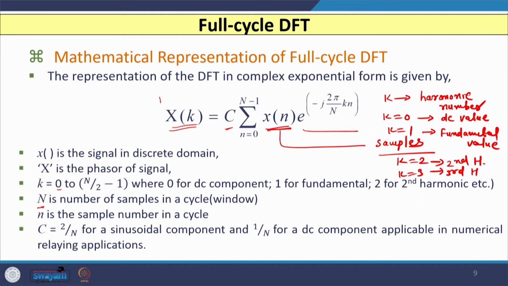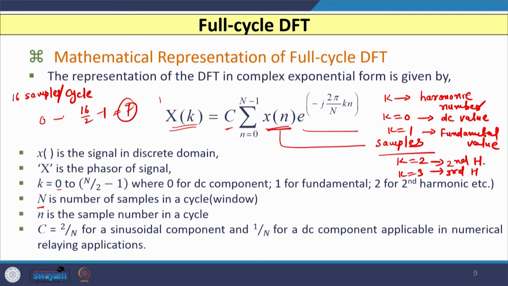As I told you, if sampling frequency and fundamental frequency are given, then you can easily calculate the value of N, that is, the number of samples in a cycle. Suppose 16 samples in a cycle are given, then the value of k varies from 0 to 16 by 2 minus 1, that is nothing but 7.